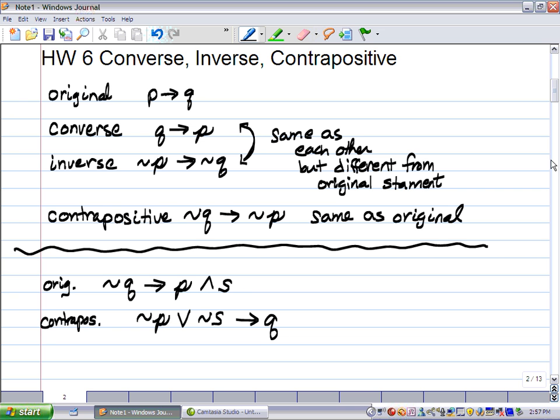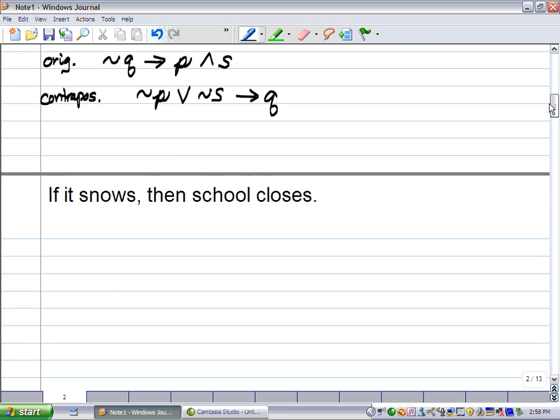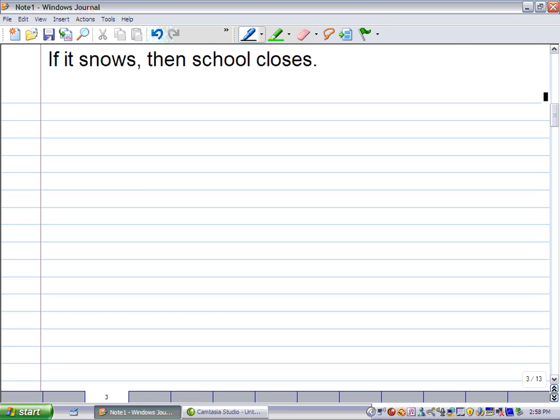Okay, let's look at an example of a sentence and rewriting the sentence. Let's look at this one. If it snows, school closes.